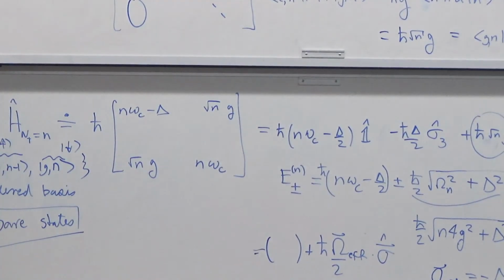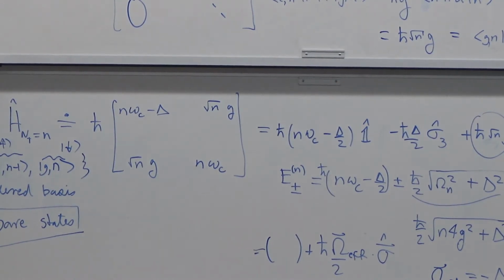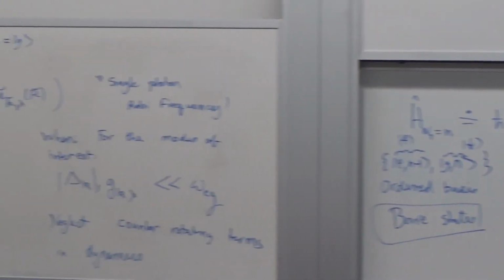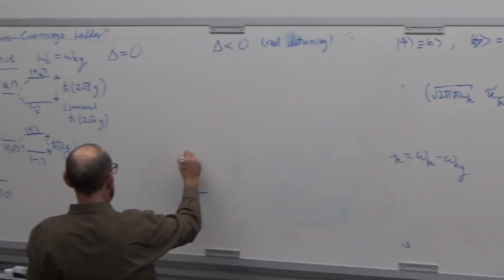For red detuning, there's more energy if the excitation is in the atom than in the photon, because the photon has slightly less energy in the two-level system. So in that case, we would see something like this for the diagram.